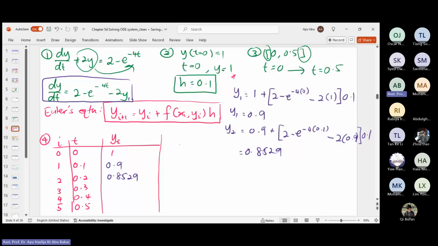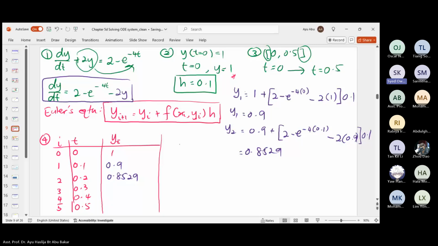Then you get the correct value, right? Yes, 0.8529. How about the y3? What you get?